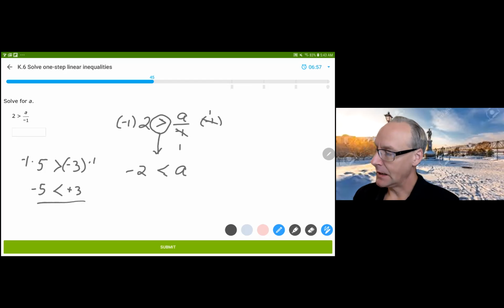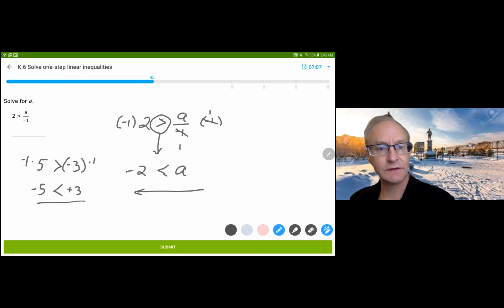Anyway, one other thing that I want to mention is that if I read this, it says a is greater than -2, if I read this from right to left. If I read it from left to right, it says -2 is less than a. Both ways are correct. But a lot of students get this backwards. When they write the a on this side, they forget that a has to be greater than -2.